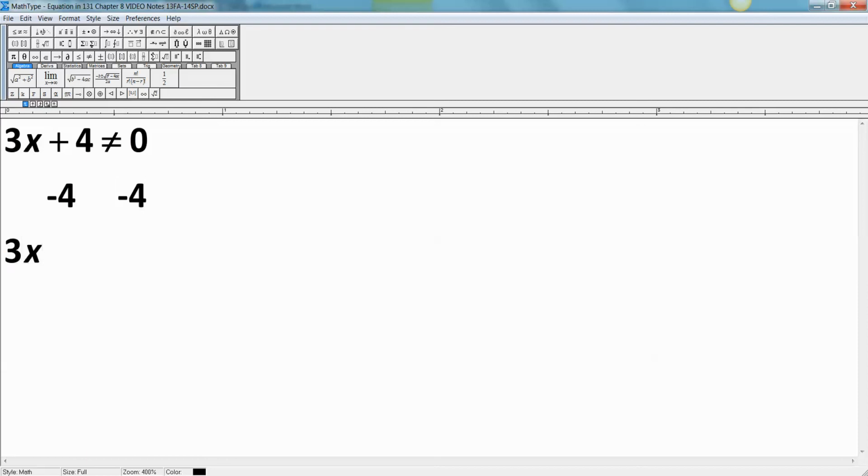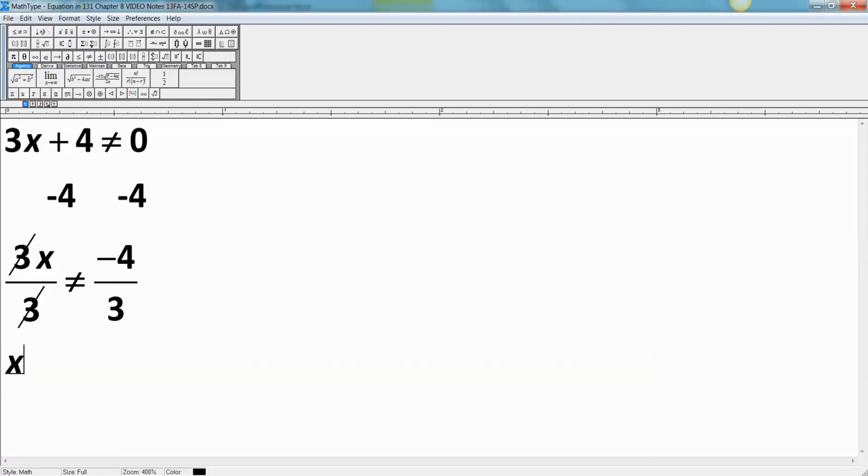So you'd say 3x cannot be negative 4, which means now you divide both sides by 3, right? And then over here, this is going to reduce because 3 over 3 makes 1.